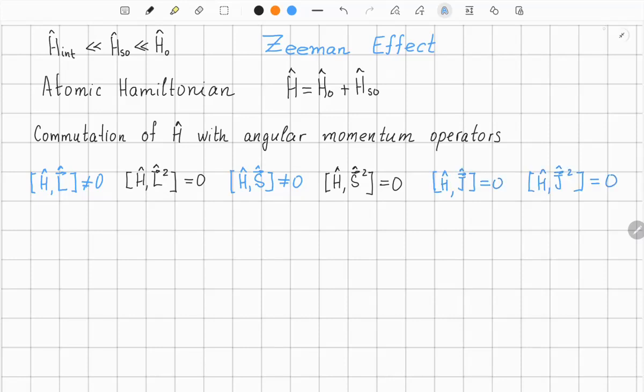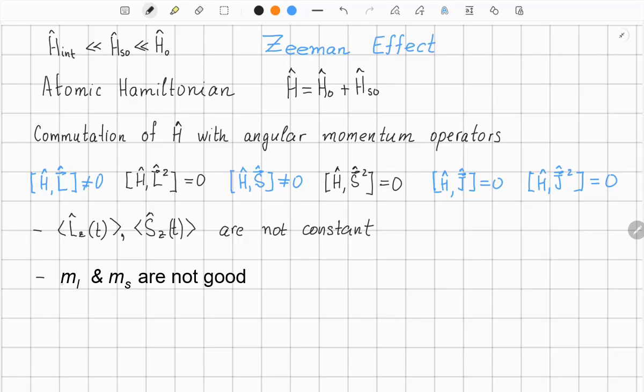This implies that the expectation values of Lz and Sz are no longer conserved, and therefore the quantum numbers ml and ms are not good quantum numbers and cannot be used to label the eigenstates of H. On the other hand, the operators H, L square, S square, Jz, and J square all commute with each other.